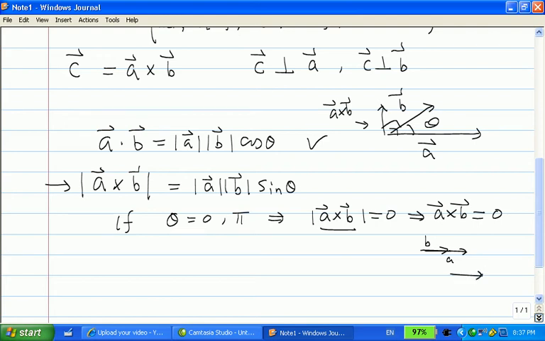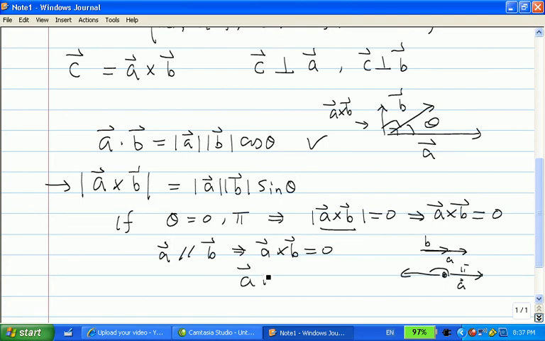And also if A is like this and B is opposite, then the angle is pi. Sine pi is still 0. If you combine both cases, it tells you that if vector A is parallel with vector B, then the cross product must be 0.